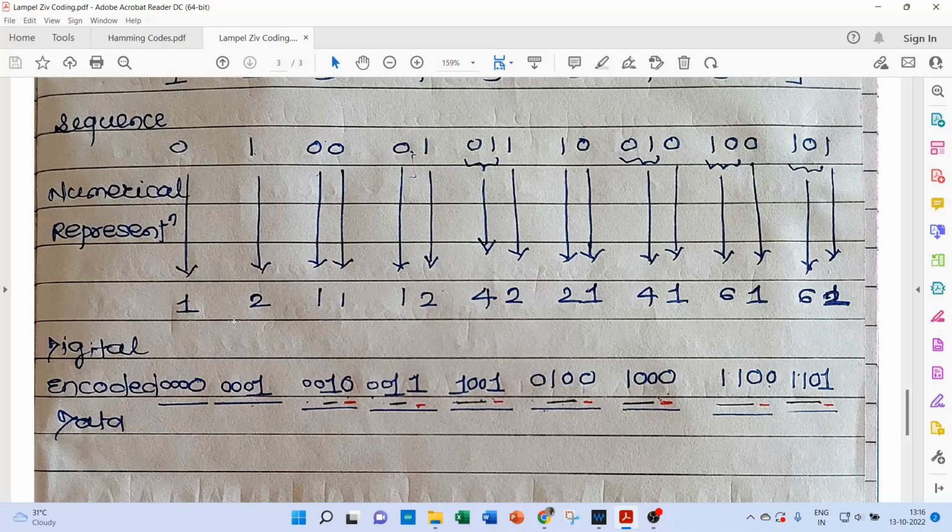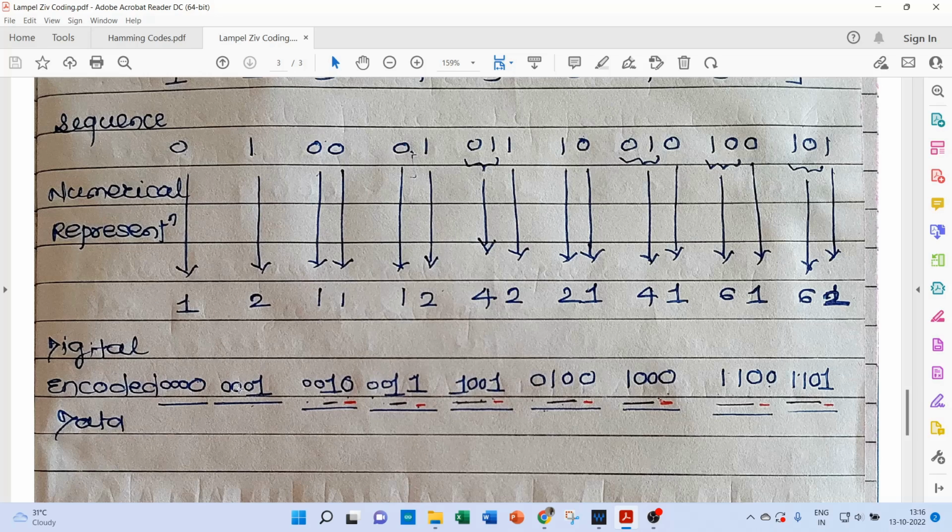Previously there was only one digit, and here two digits are there. For 1, the representation is 0, so I have written 0. For the prefix bit, 1 is written as 001, and where there is no prefix, I have written 000.